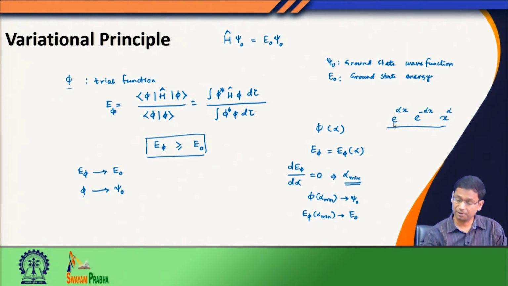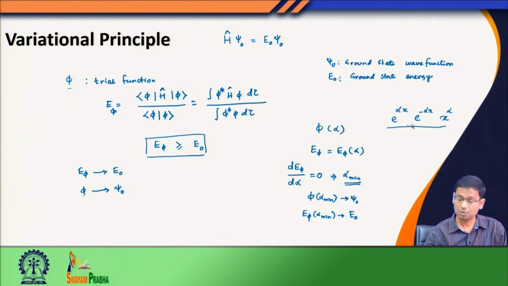Of course, if I make a choice of trial function, I can always evaluate E phi corresponding to that trial function and minimize it with respect to alpha. So, if I am thinking that my solution is supposed to be an exponential function with a positive exponent, or an exponential function with a negative exponent, or x to the power alpha, I do not know what the value of alpha should be, whether it is 1 or 2 or 1.5 or 1.7 or 2.9, I do not know.